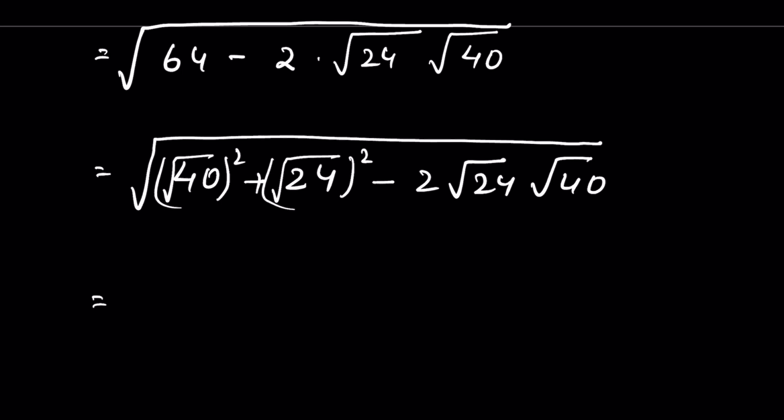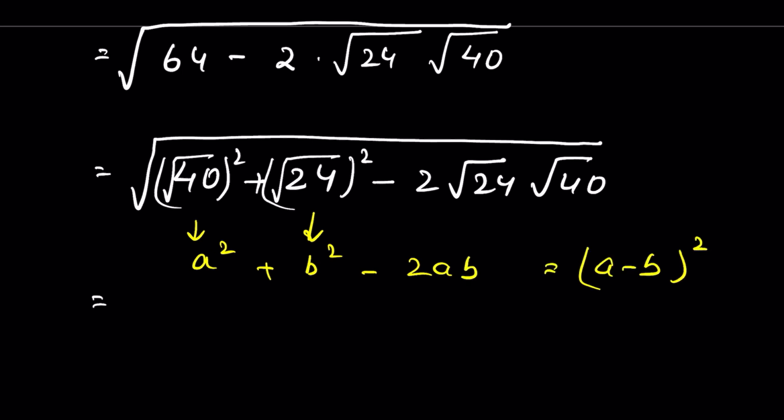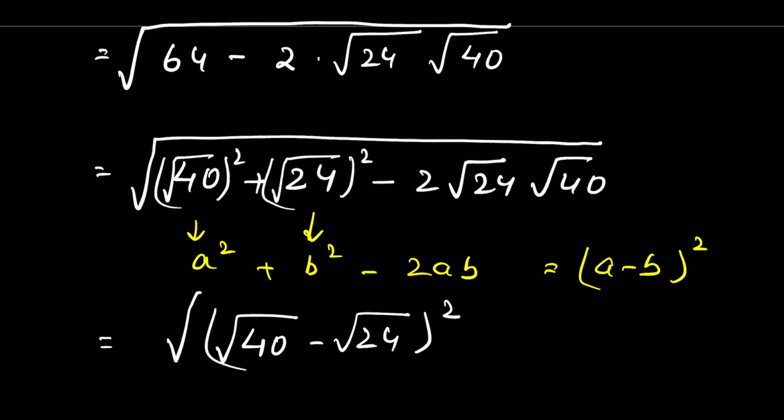Now if you consider square root of 40 as a, square root of 24 as b, then this is in the form of a square plus b square minus 2ab, and this is equal to a minus b whole square. Therefore this will be square root of 40 minus square root of 24, whole square, all under square root.